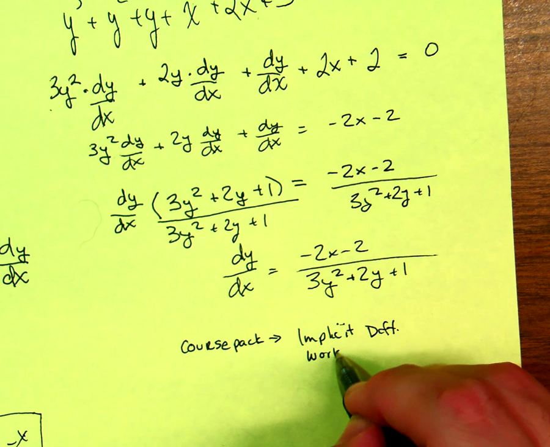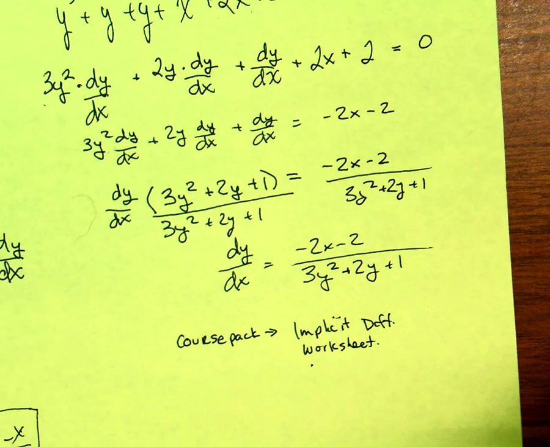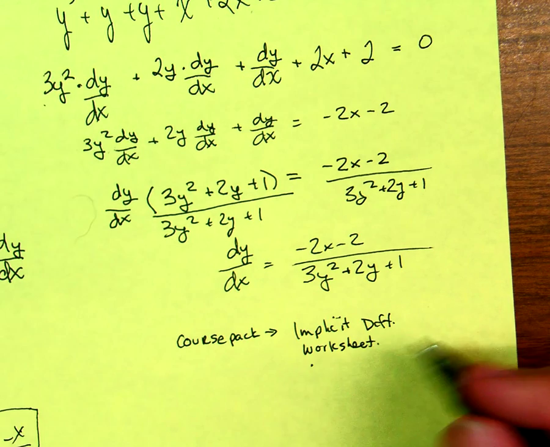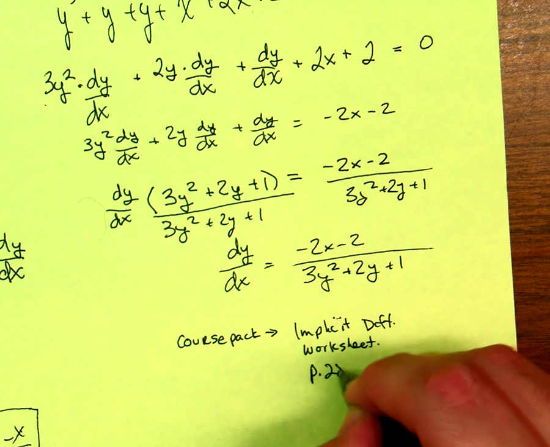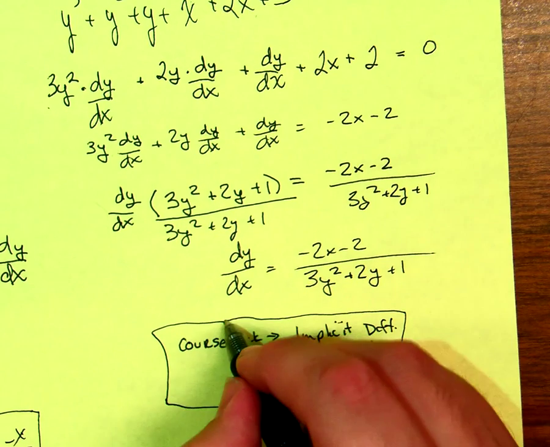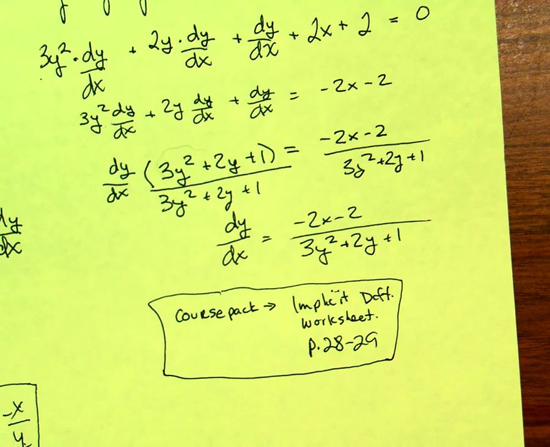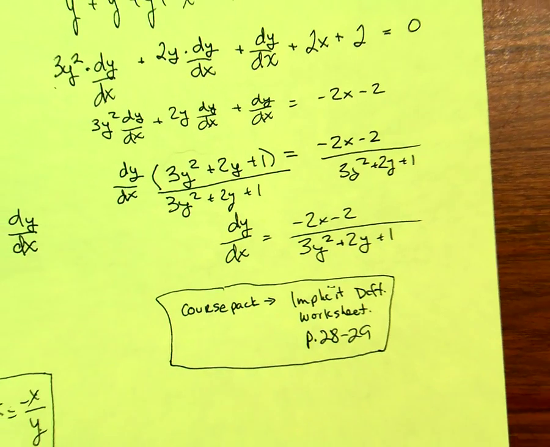And I think it's like on page what? 28? 28 and 29? That's what I thought. Page 28 through 29. That'll give you some practice on the topic. The rest of the hour is yours to work on this.